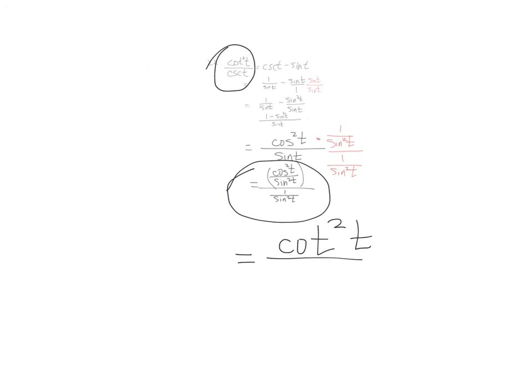And then 1 over sine squared right here, here's my large division bar, here's my large division bar. Down here, sine squared in the denominator is going to be its reciprocal in the numerator, which would be cosecant squared. So that puts a cosecant squared in the numerator, and we have our identity done.